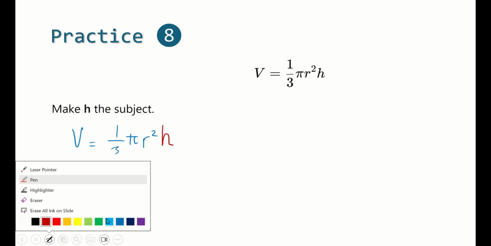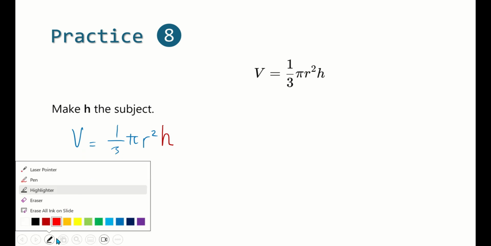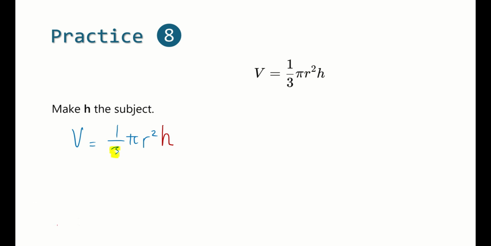The first one, if you notice this one, there is 3 below. Yeah, this is 3. So I think the best way to solve this the first time is both sides must be multiplied by 3 first, right?